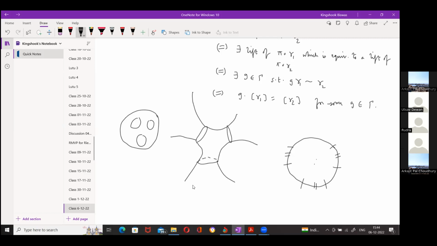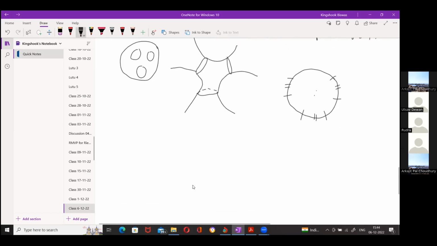So if you do this in higher dimensions, what happens is, for example, you take a Fuchsian group. Let's say gamma is a discrete subgroup of PSL2R, and you embed this into PSL2C, which you identify with the orientation preserving isometry group of H3.